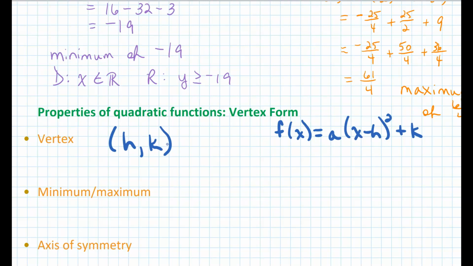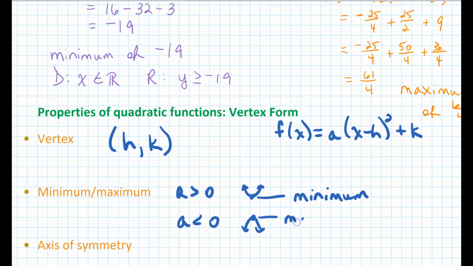No. So again, if a is positive, we have a parabola that opens up, and therefore our vertex is a max or min? Min. So exactly the same. If a is negative, we open downward, and we know our vertex has to be a maximum.